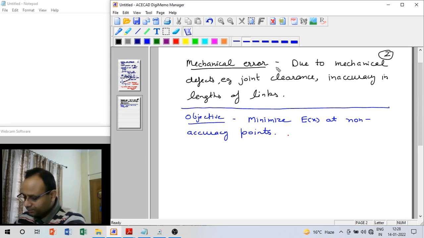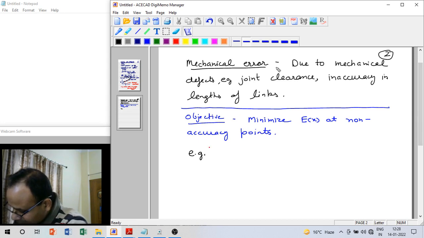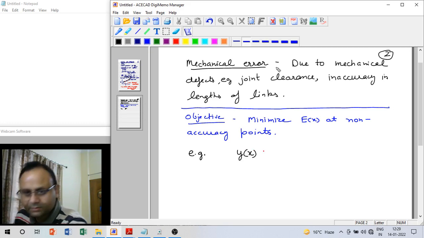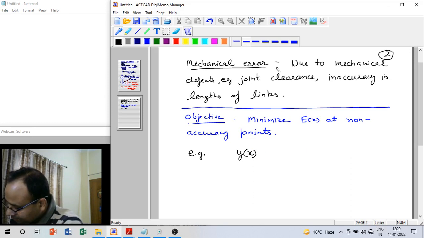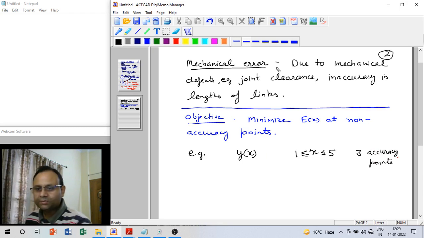For example, let us say we are given that the range of input we have to generate y as a function of x. This is the function, and we are given x goes from let us say 1 to 5, and we have to choose say 3 accuracy points. According to the problem we can only have 3 accuracy points, but we have to do a function generation for the range of x from 1 to 5.